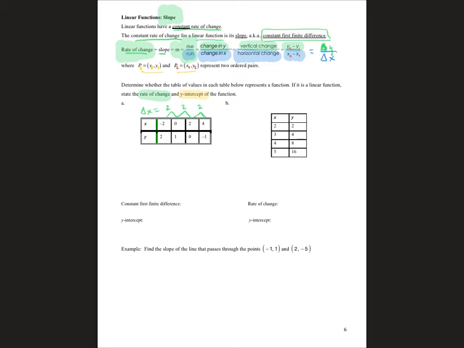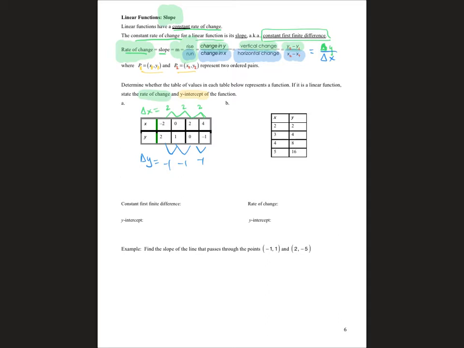I now need to also calculate my change in y, because both have to be constant. So negative 1 minus 0, negative 1. 0 minus 1, negative 1. 1 minus 2, negative 1. So my change in y is constant as well.